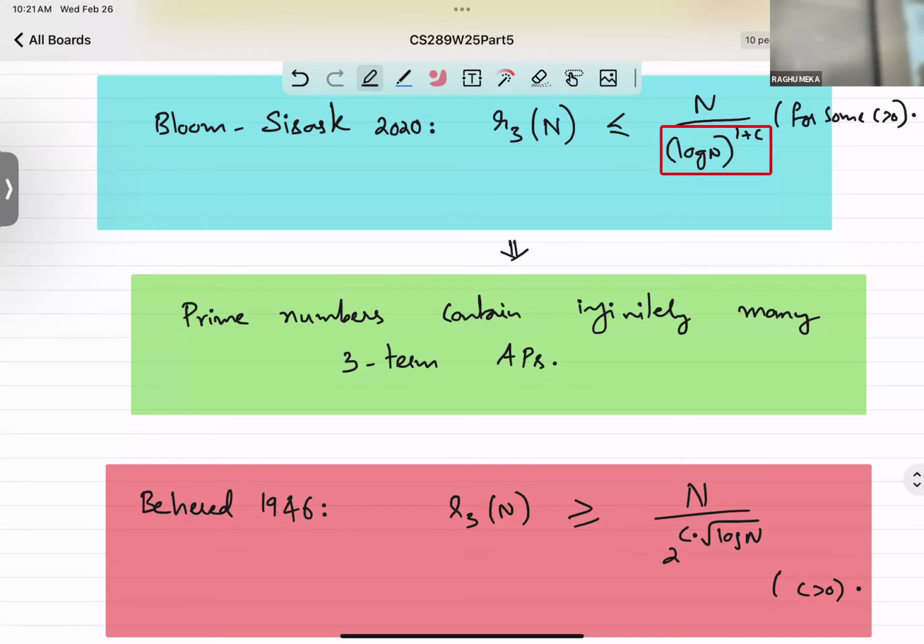And there is a set which has density 1 over 2 to the root log n. It's kind of a weird number, 2 to the root log n. We don't see that often, but in some sense there is still an exponential gap between these two.